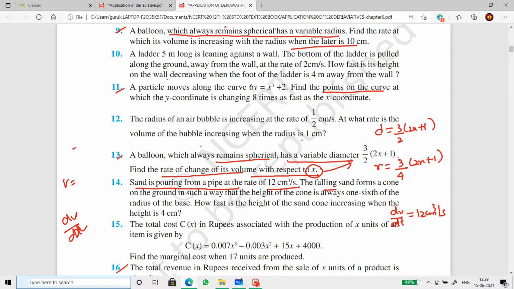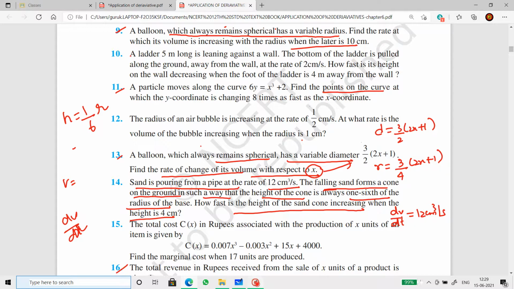The falling sand forms a cone on the ground in such a way that its height is 1/6 of the radius. So h is equal to 1/6 of r. So this is the information that we sourced from the question: dV by dt is 12 centimeter cube per second, h is equal to 1/6 of r. How fast is the height of the sand cone increasing when the height is 4?